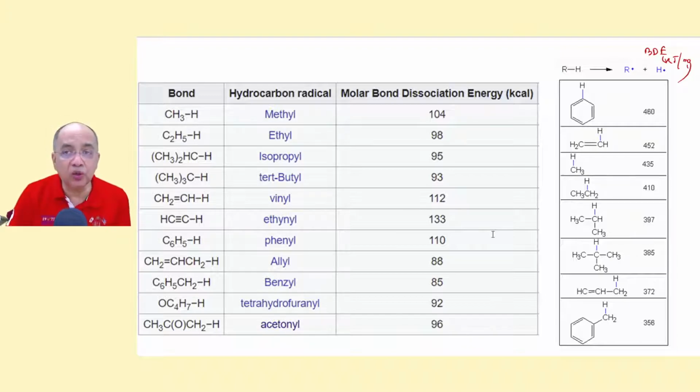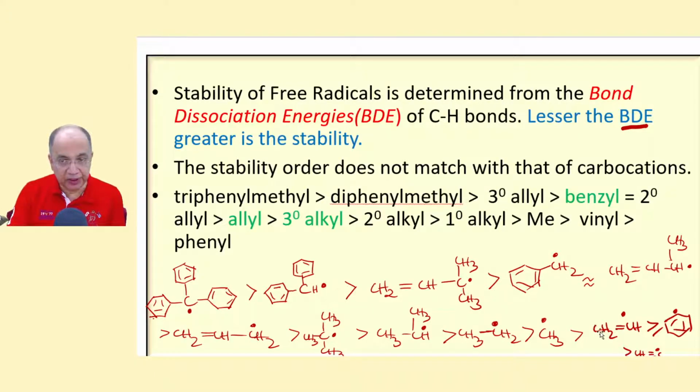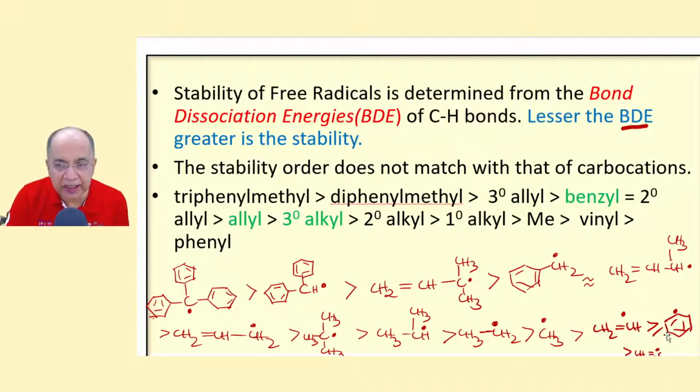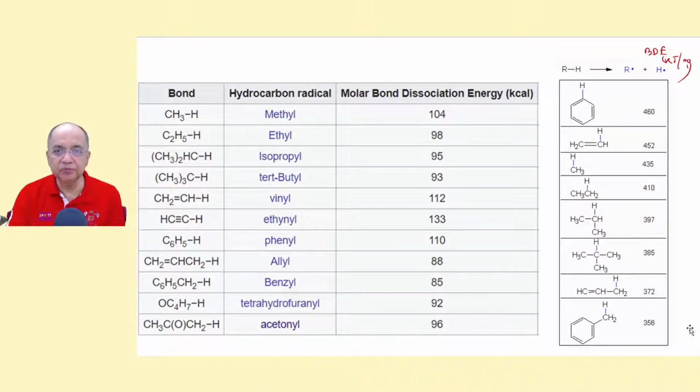With this I conclude this session, accepting a controversy here, this exceeding this or this exceeding this. All others are unanimous. There is no way to challenge them. But the data shows different values. So my ruling is like carbocation, this trend is similar to carbocation. Vinyl will be more stable than phenyl, right?